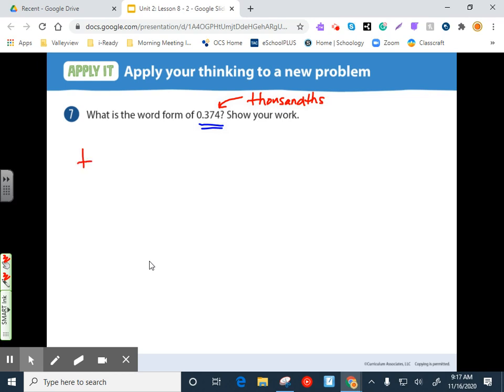It's 374. And then we name it by the smallest place value, which is thousandths. And that's that. Pretty simple.